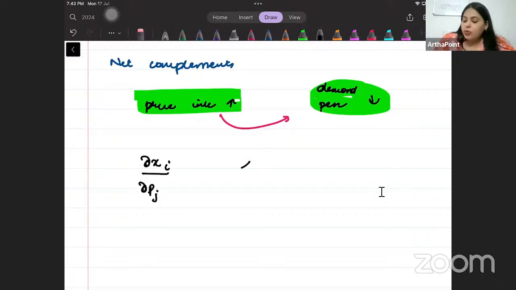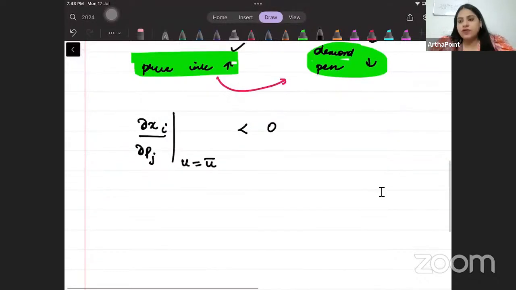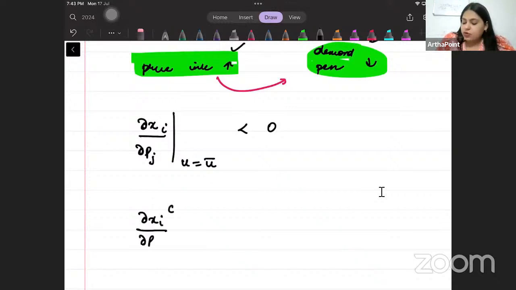This should be in the opposite direction. ये complements की definition. But now, beta, I am saying that this is net. And how do I say this is net? By holding utility constant. So I am saying how the compensated demand changes as price of the other good changes. This is negative. This is what the definition of net complement is.